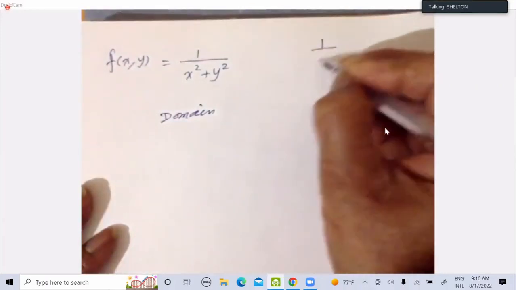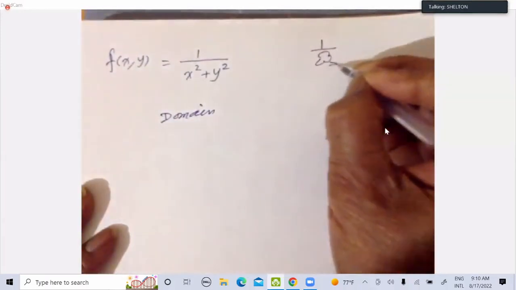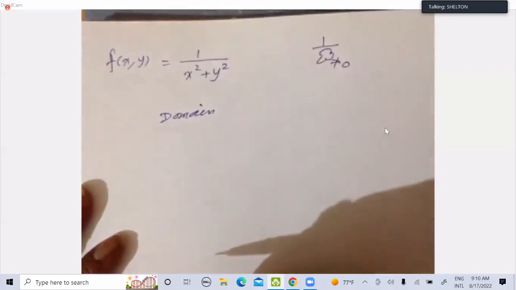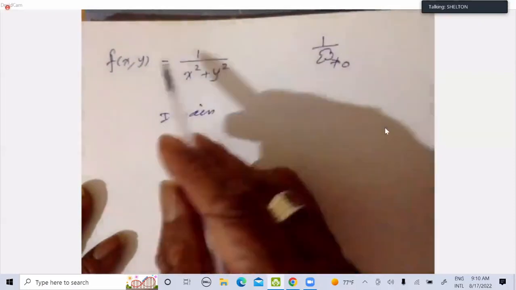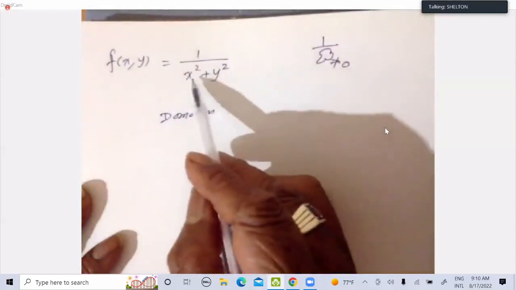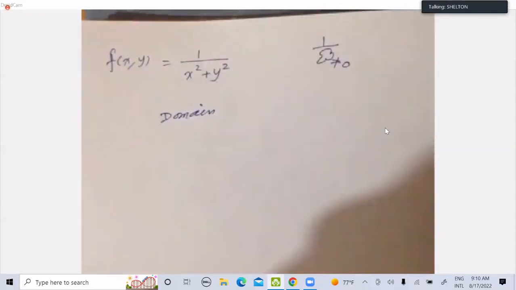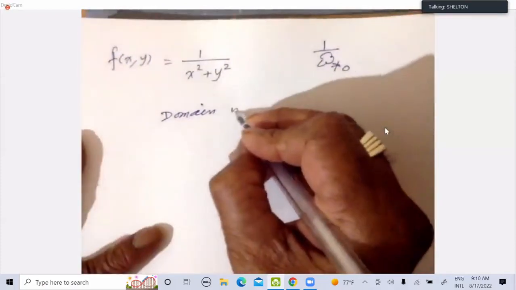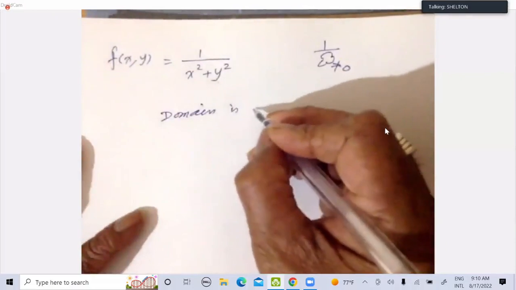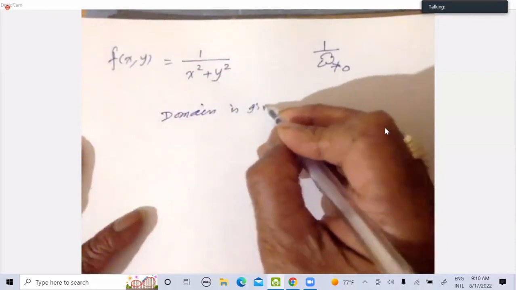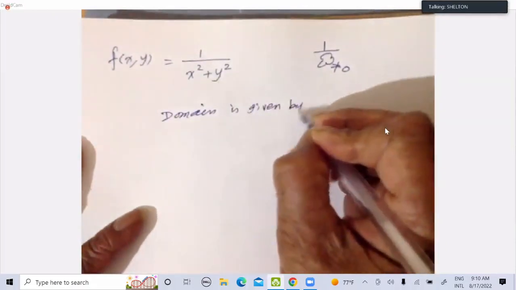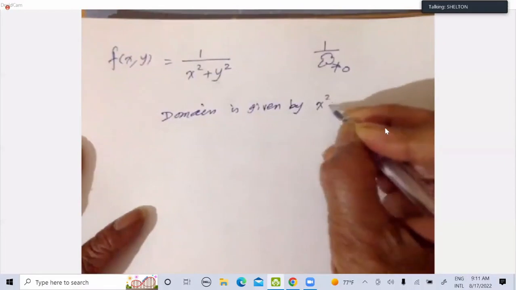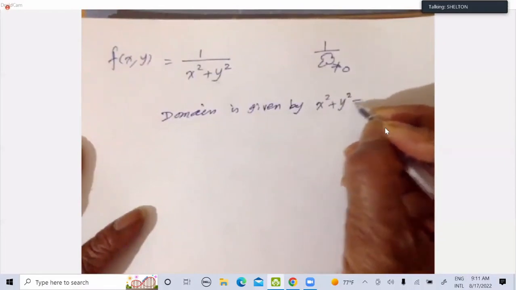You know, when you find domains, if there is 1 over, this should not be 0. So this formula is bad when x squared plus y squared is equal to 0. The domain is given by, one way to say it, x squared plus y squared not equal to 0.